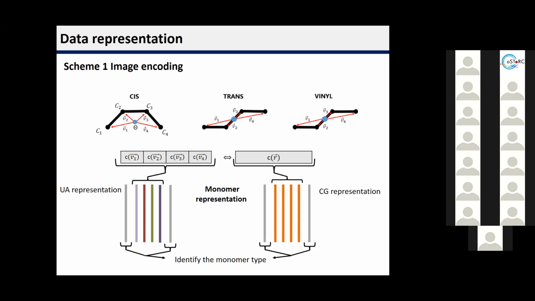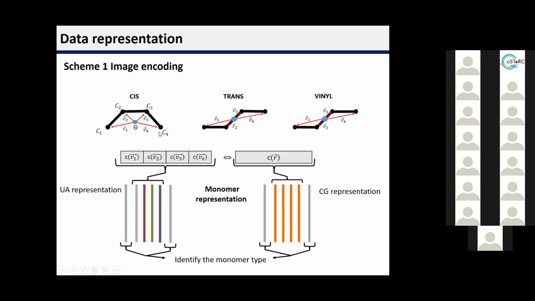So each color represents a monomer. Or is it an atom? Yeah, if you see, for example, right here, for this scheme, for every monomer, we have 4 vectors, 4 VI vectors, right?